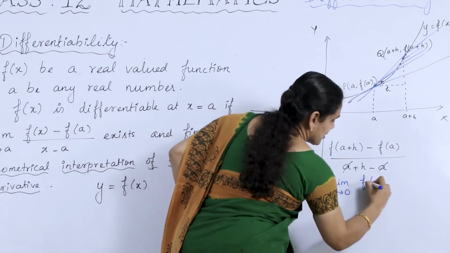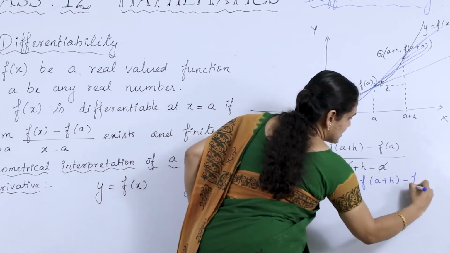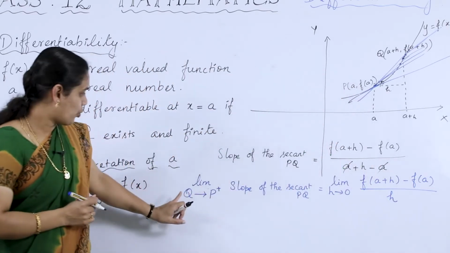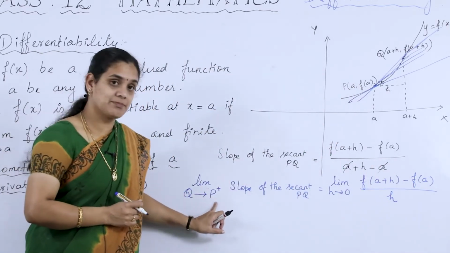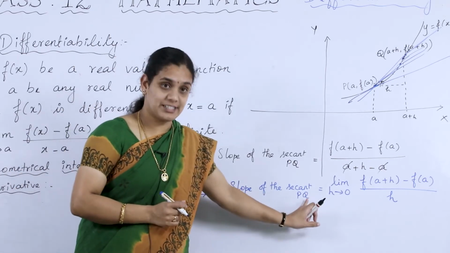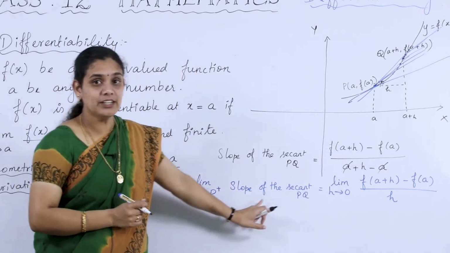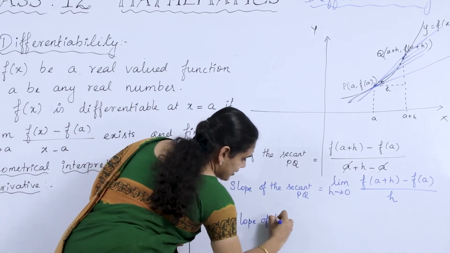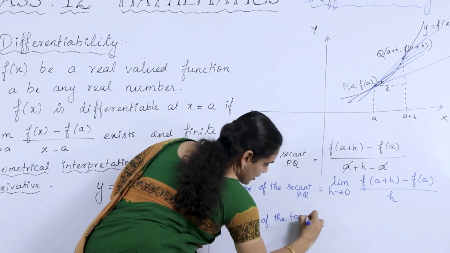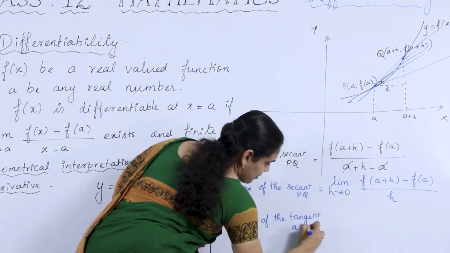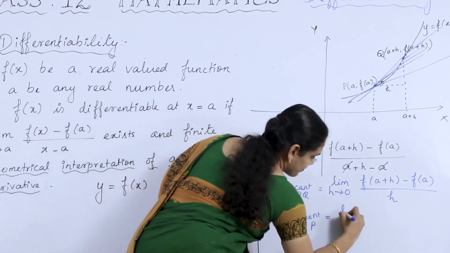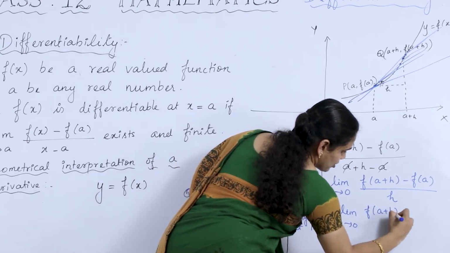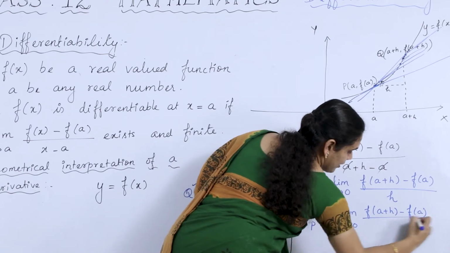So in this case, (f(a plus h) minus f(a)) by h. Okay. So when this Q moves towards this P, the slope of this secant becomes the slope of the tangent. Therefore, this is the slope of the tangent at P. This is limit h tends to 0 (f(a plus h) minus f(a)) by h.